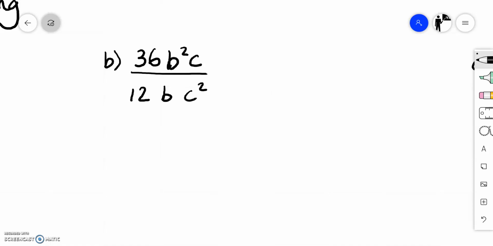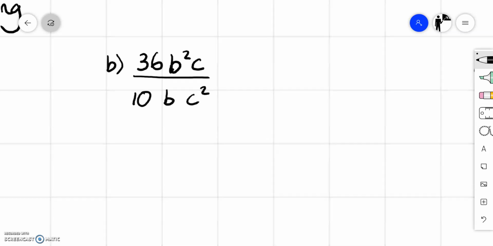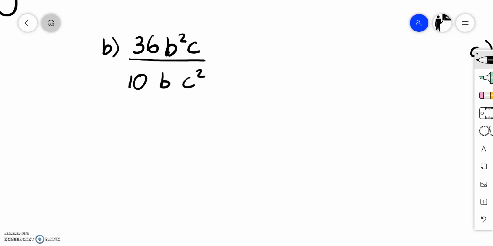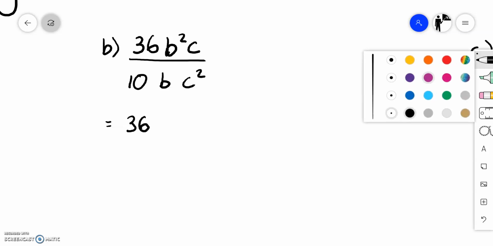Let's have a look at this next example. I'm going to change this actually. I'm going to change this to a 10. Okay. 36b squared c over 10bc squared. What I'm going to do is do this a little bit differently from the first one. See these b squareds here?